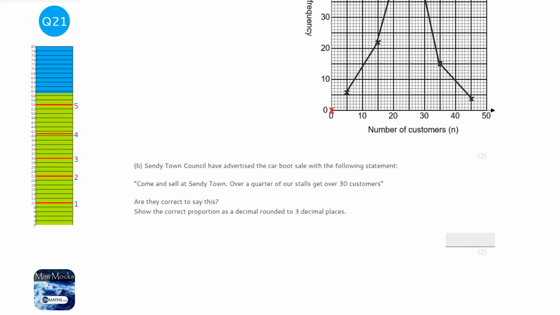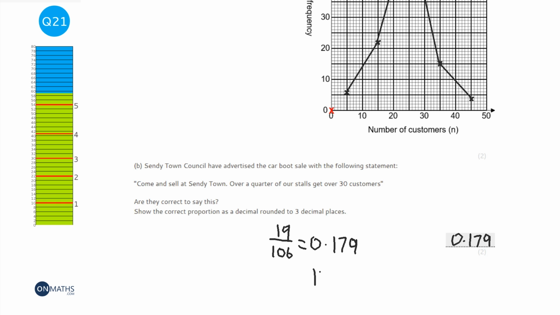So it's 19 out of 106, which as a decimal, 19 over 106 is 0.179 to 3 decimal places. So what I would say in the exam is no, because that is 17.9%.